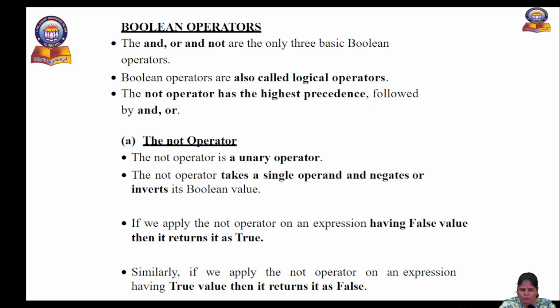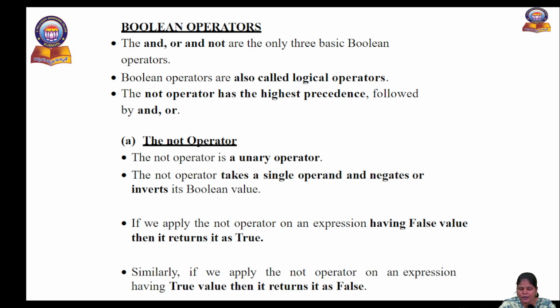That's why we call and, or, and not Boolean operators also. As and, or, and not give the output either true or false, we call them logical as well as Boolean operators, right?